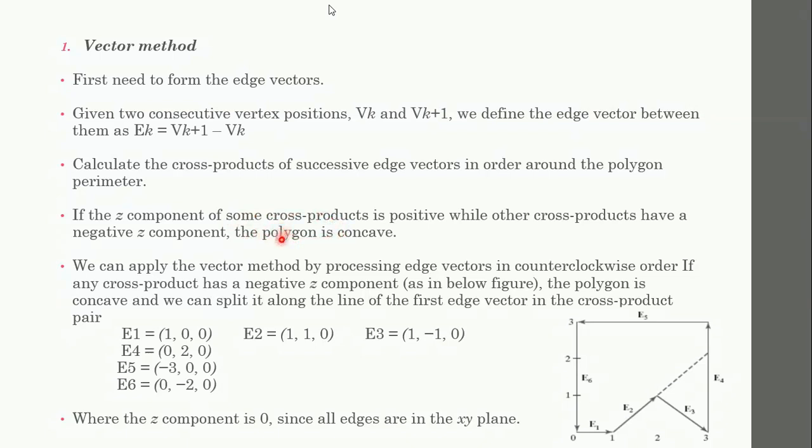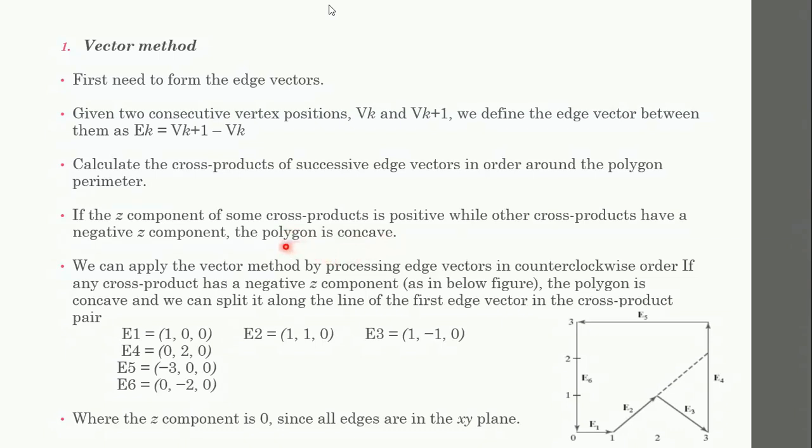In that cross product, suppose the z component is negative. For example, you got the cross product as 0, 0, minus 2. Minus 2 is in the third position, that means it is the z component. Then you conclude that the polygon is concave.